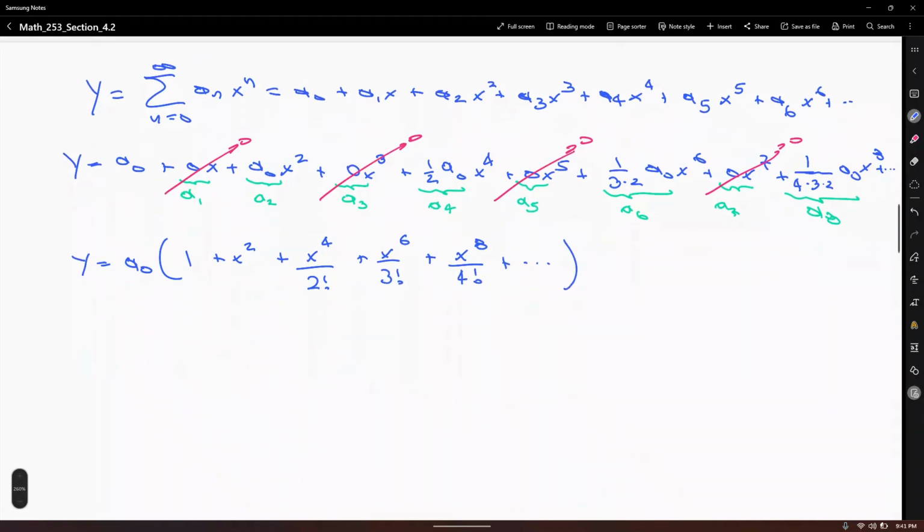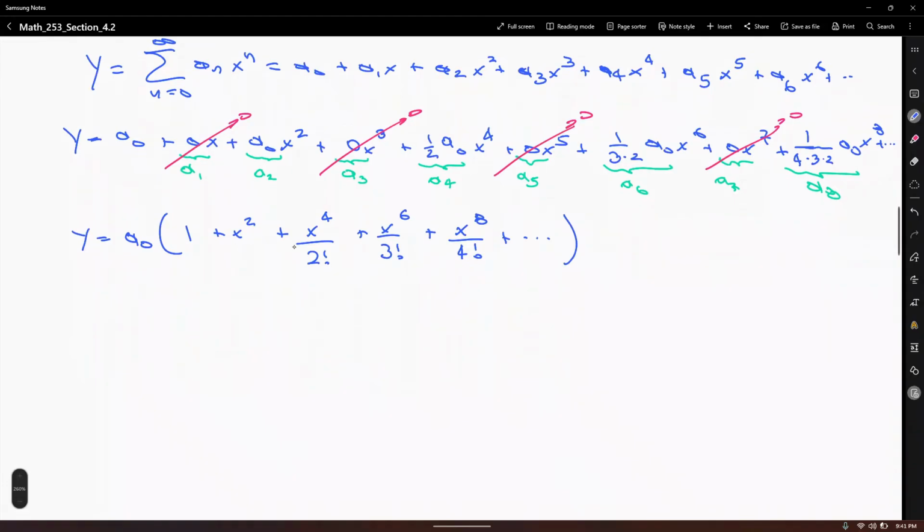Now, in this case, I'm going to rewrite the exponents, because you notice how the exponents are twice the factorial that we see. And that's actually going to take us to a nice looking series, you will see. That is a sub 0 times 1 plus x squared.